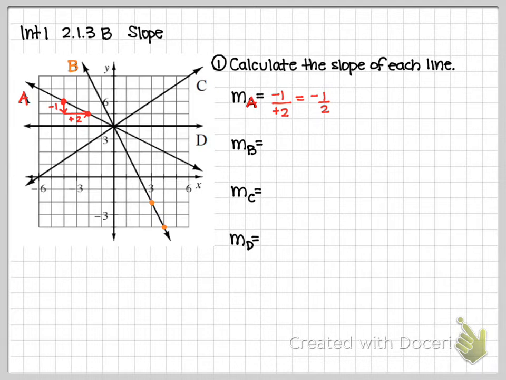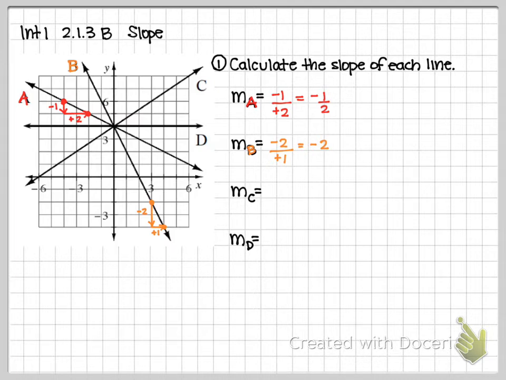Looks like I'm going to have to go down 2, so that's -2. Then I'm going to go right 1, so +1. Okay, remember the up-down part goes on top. So -2 over, now the right-left part, that was +1. I know that a negative divided by a positive is a negative, and then I'm going to flip those over.